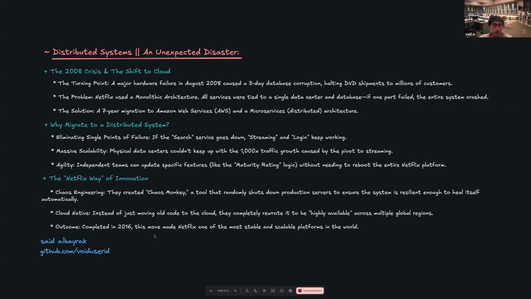They say the best way to avoid failure is to fail constantly. That's their philosophy, basically. The outcome: they started in 2008 and completed the migration in 2016. And this move made Netflix one of the most stable and scalable platforms in the world.